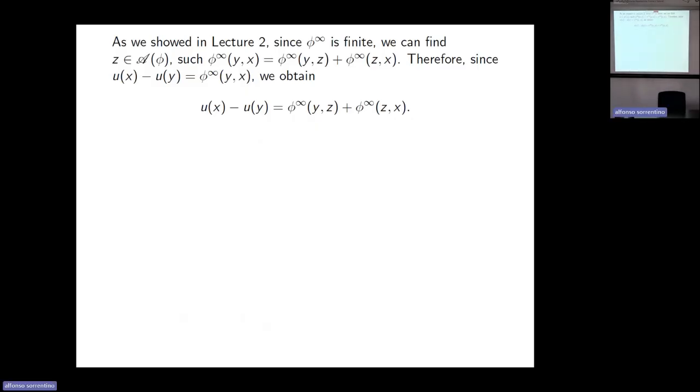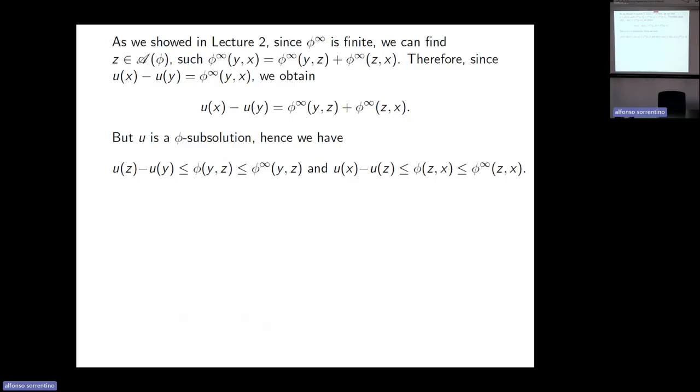Therefore, I use that ux minus uy is phi infinity of yx. And so I get ux minus uy, I replace this by phi infinity yz plus phi infinity zx. Okay?